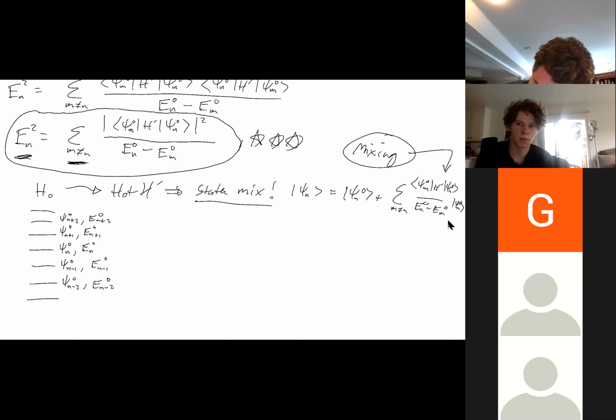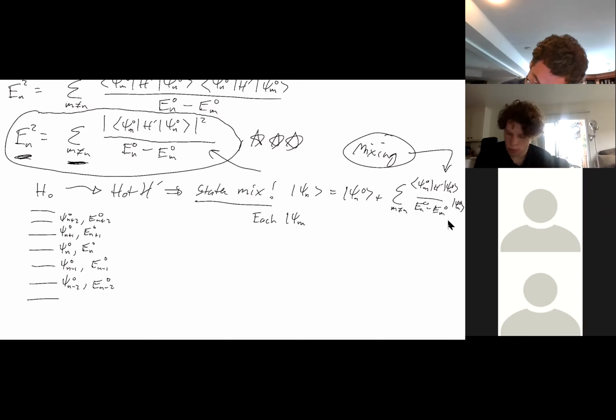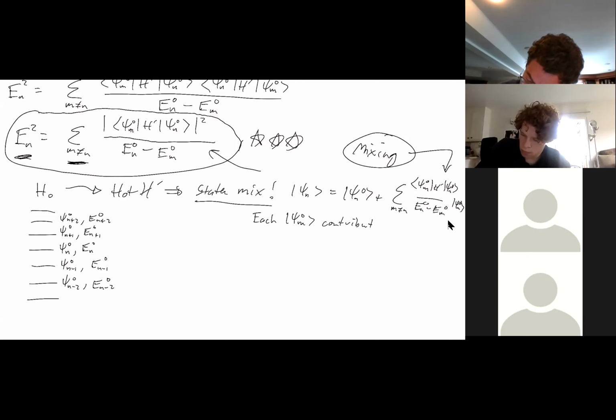The thing inside the sum is that each ψ_m^0 contributes some energy to the state we're talking about.